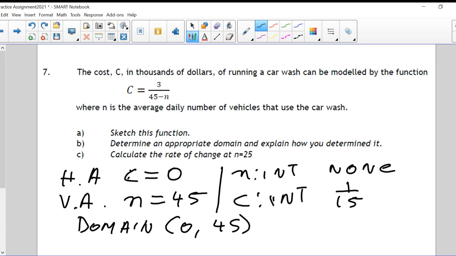It may be possible for you to have a cost if n is 0, right? Because that would mean that you still have some cost for keeping the lights on. I'm just thinking in terms of a realistic situation here. If you had 0 cars in your car wash, which is perfectly possible, then it just means that your cost is now 1 over 15. And this is in thousands of dollars, I think. Yeah. So I'm going to take that back.